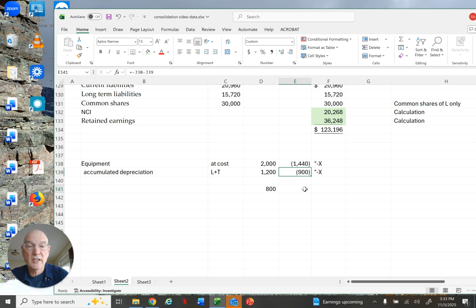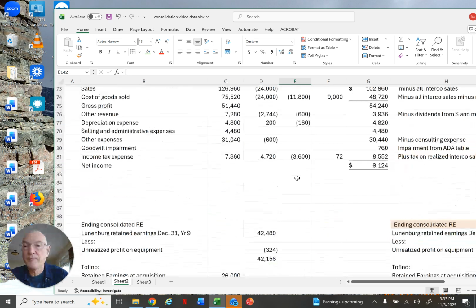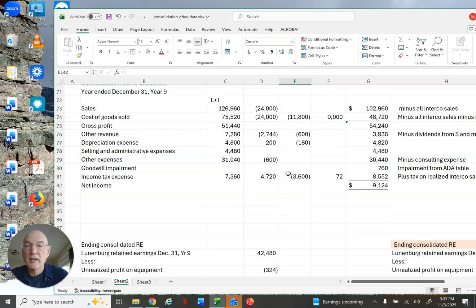And of course, the difference between these two is going to be, I hope, the 540. Sorry, I did that wrong. That's the 540. So up on our income statement, if we have a look at that, where are we? 180 a year.